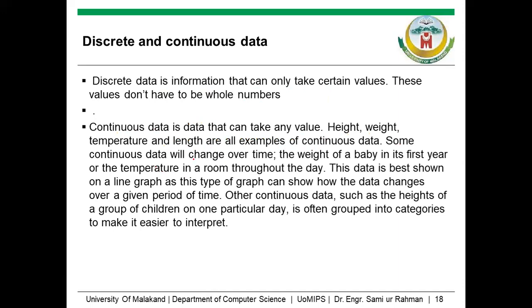Okay. Some continuous data will change over time. Okay, the weight of a baby in its first year or the temperature in a room throughout the day. This data is best shown on a line graph, as this type of graph can show how the data changes. Now, I think with the graph it will be easy to explain, because with text it is usually difficult to understand.